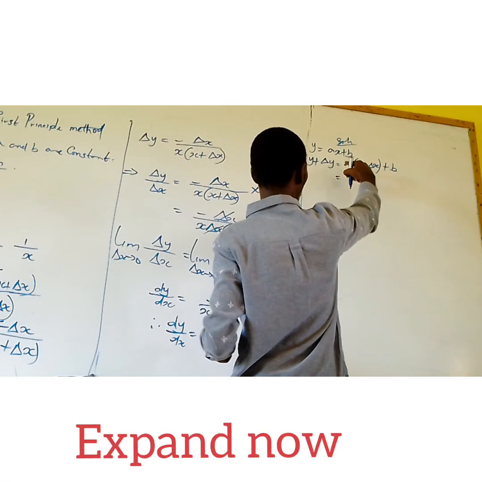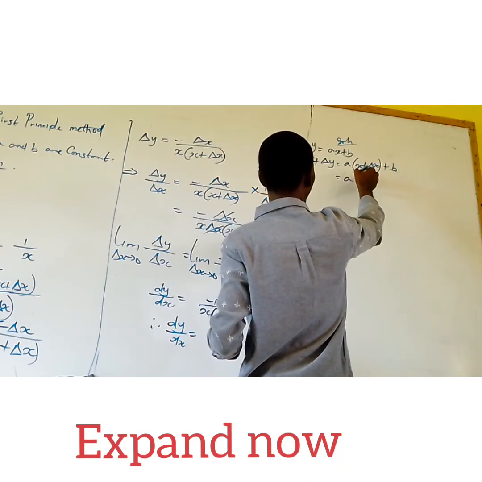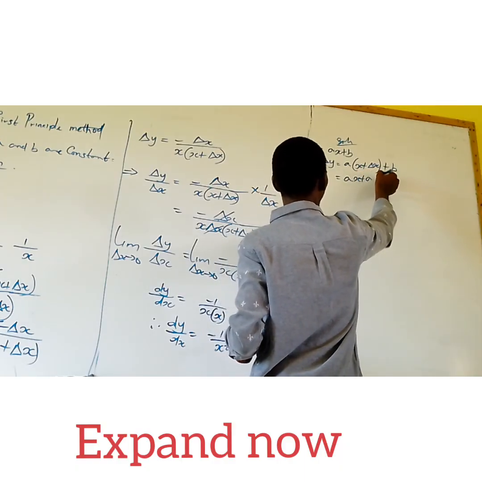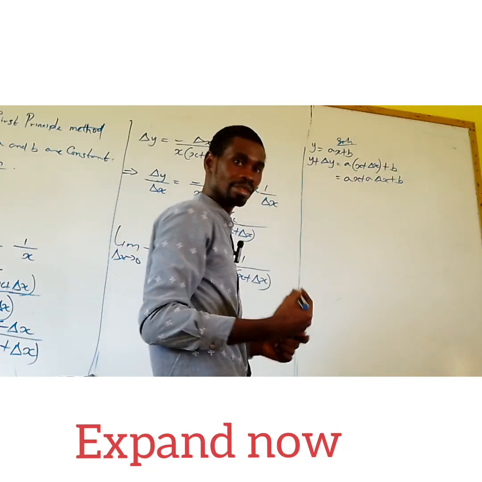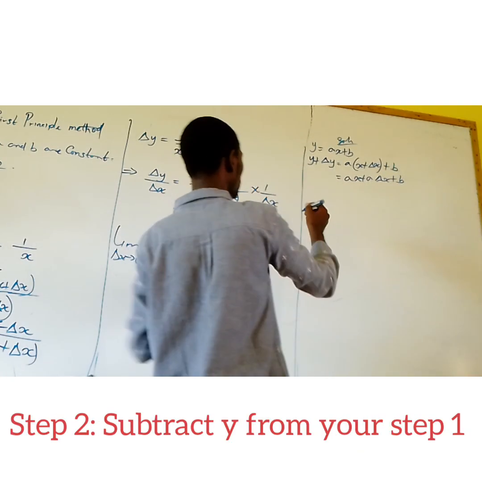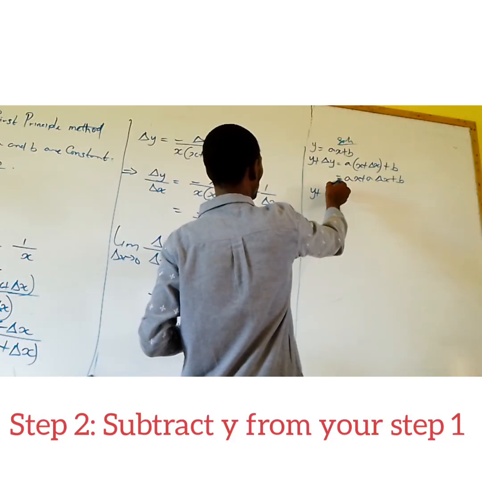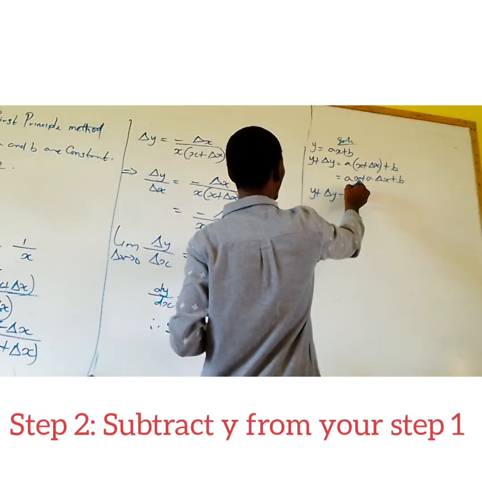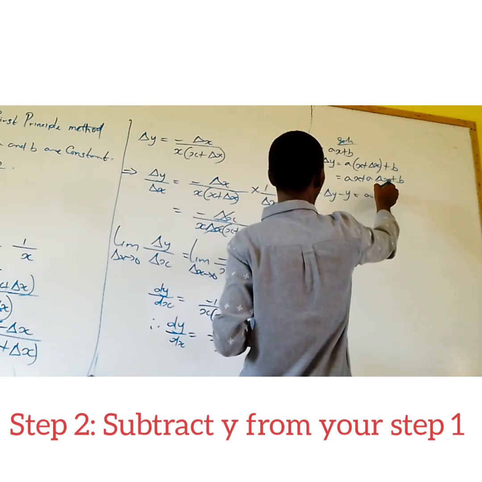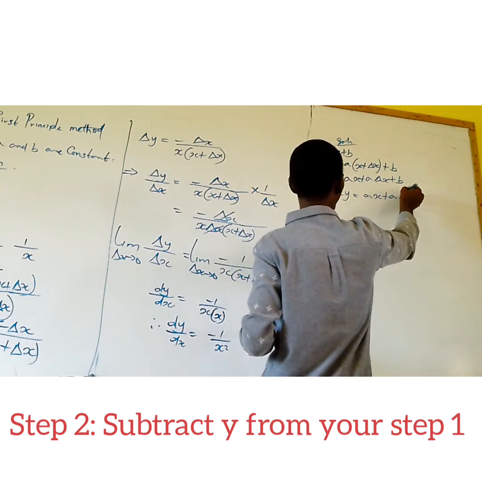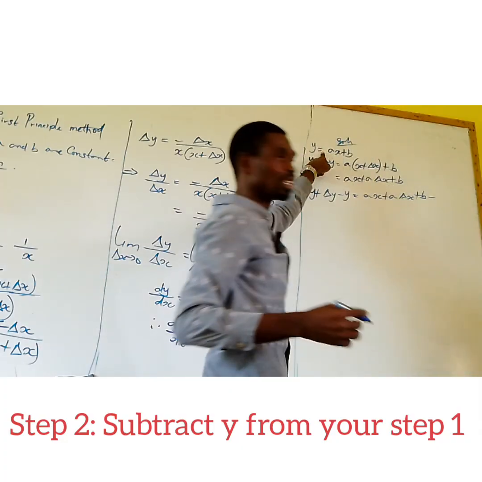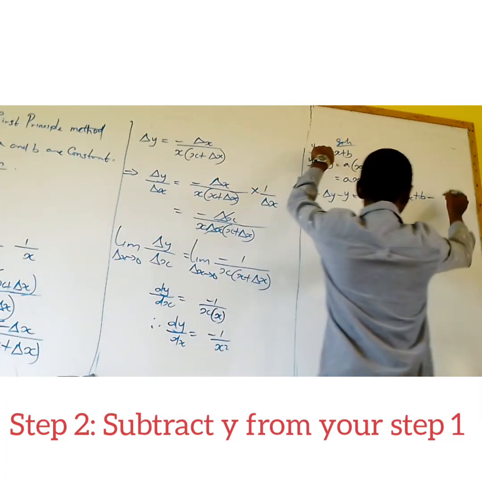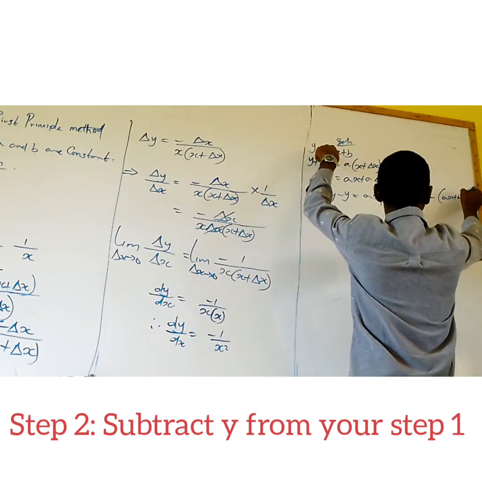This equals, when we multiply here, ax plus a change in x plus b. The next step, which is the second step rather: y plus change in y minus y equals ax plus a change in x plus b minus y, which is ax plus b. So minus into bracket ax plus b.